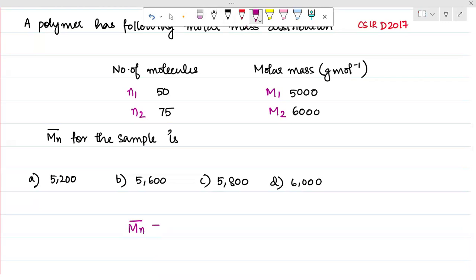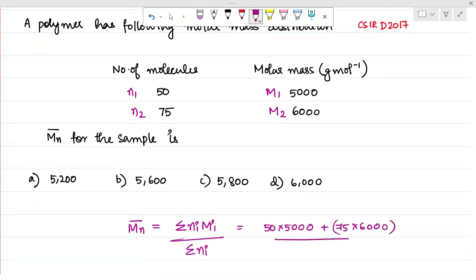Mn bar is equal to sigma Ni Mi divided by sigma Ni, which is 50 into 5,000 plus 75 into 6,000 divided by 50 plus 75.